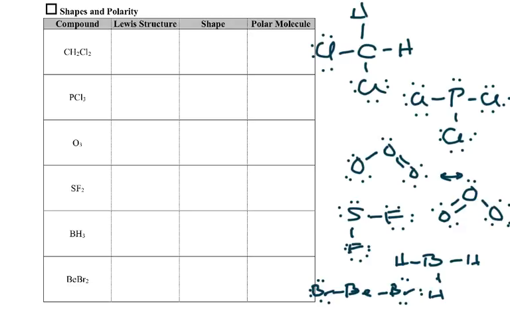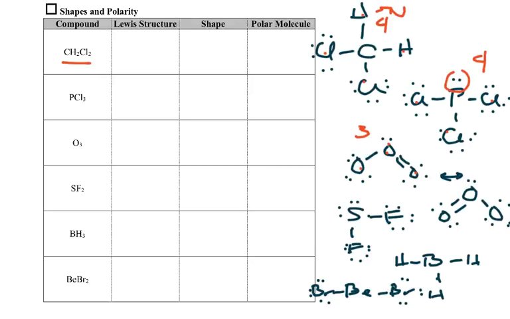Now I'm going to go back and say, well, what's the shape? On this first one, CH2Cl2, you can see I have 1, 2, 3, 4 bonded atoms, no lone pairs, so my steric number is 4. For PCl3, I have 1, 2, 3 bonded atoms, 1 lone pair, so my steric number is 4. For this oxygen, I have 1, 2 bonded atoms, 1 lone pair, so the steric number is 3.